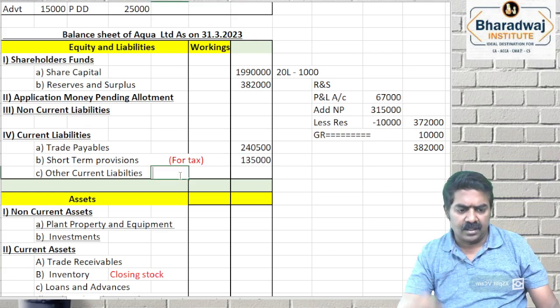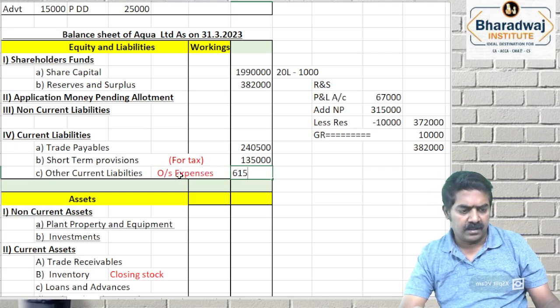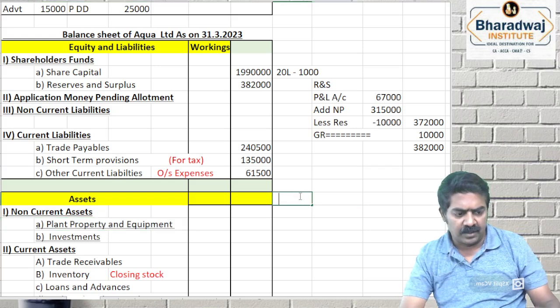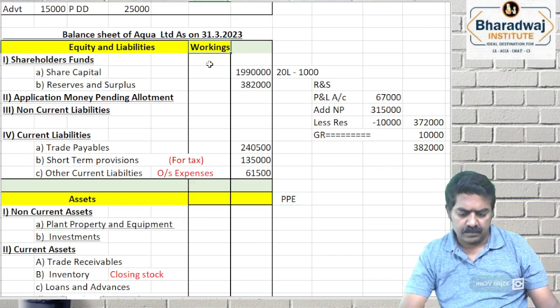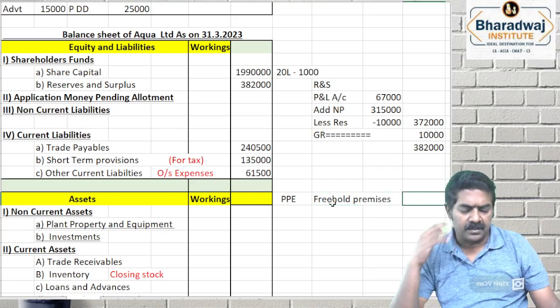Then our other current liabilities are nothing but the outstanding expenses, 61,500. Property, plant and equipment, PPE, what and all will come? Freehold premises after depreciation.